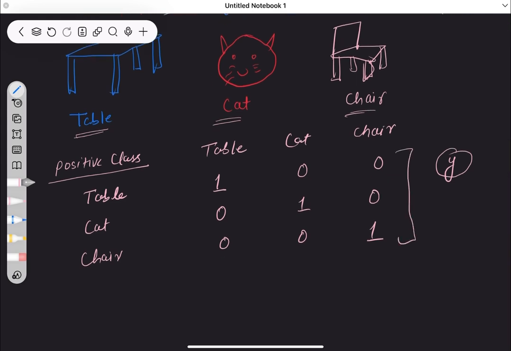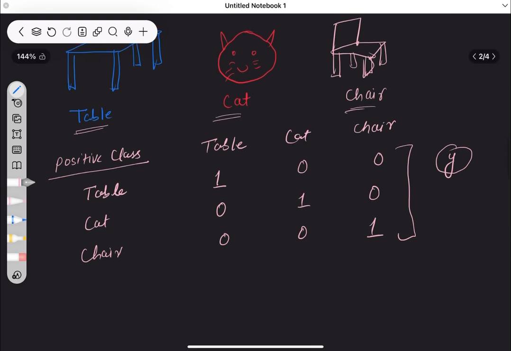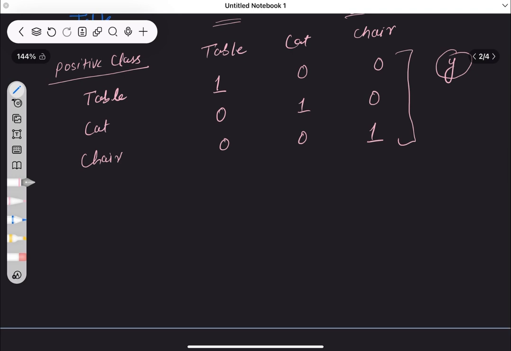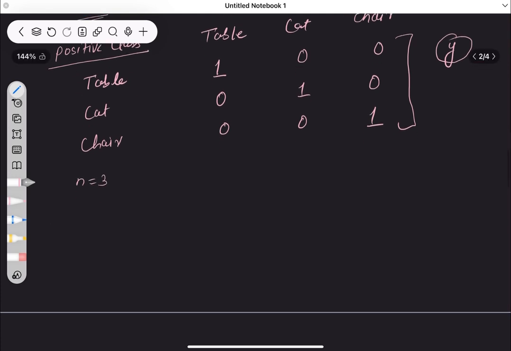And now suppose we have to put the cross entropy loss for this problem for a given single example for n classes. So here we have 3 classes, so n equals 3. The loss function in that case would be defined as negative of the sum from i equals 1 to n, that is the number of classes, here 3, of yi log pi.